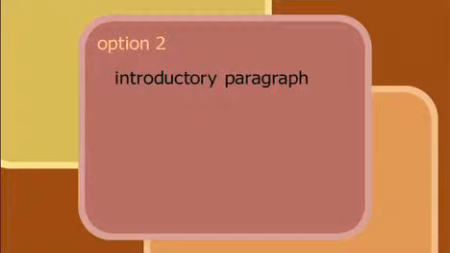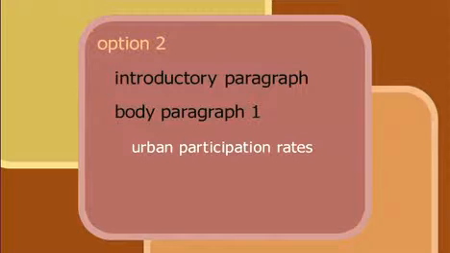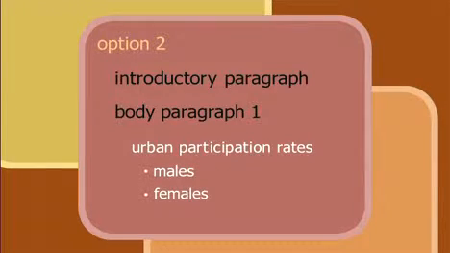Or you could try option 2 and divide the essay up into 3 body paragraphs, 1 for each of the locations. The essay would be structured like this, with an introductory paragraph, as always, then 3 body paragraphs. Body paragraph 1 would discuss urban participation rates for males and females.